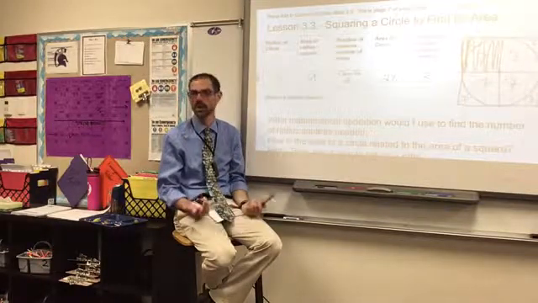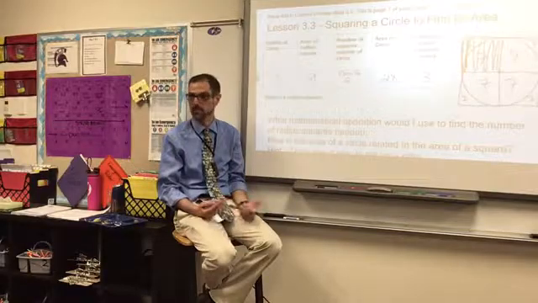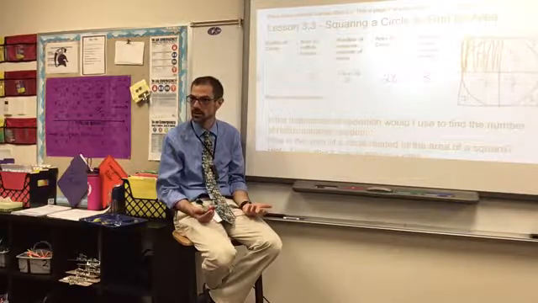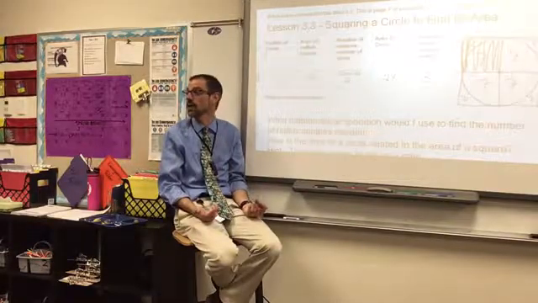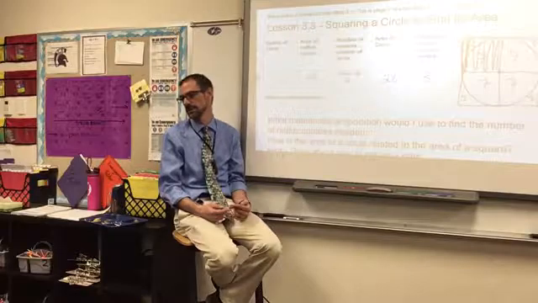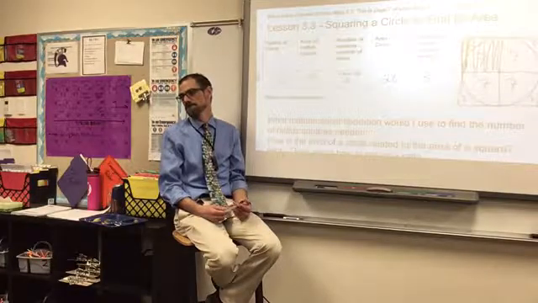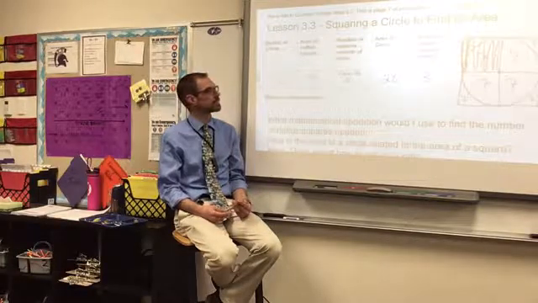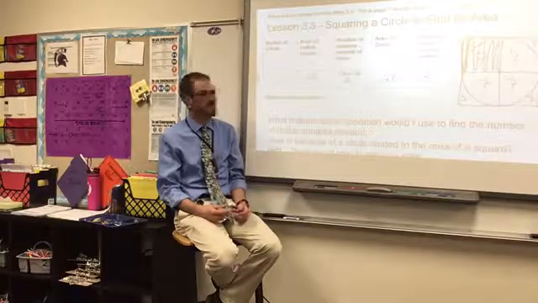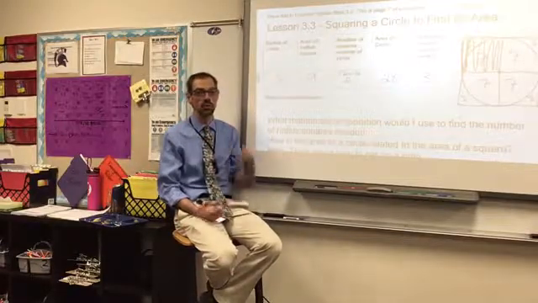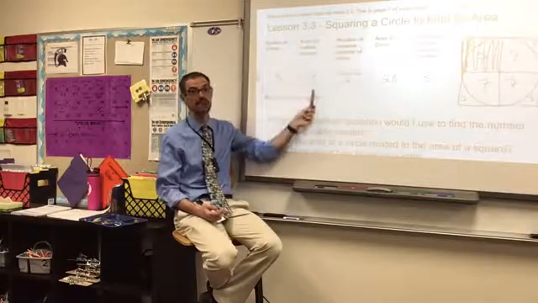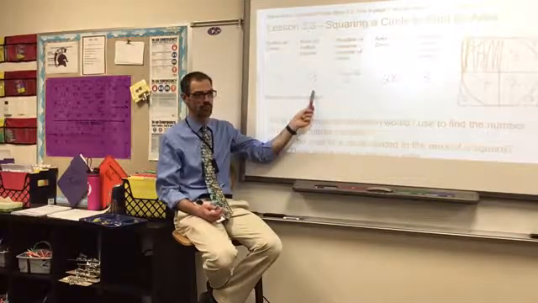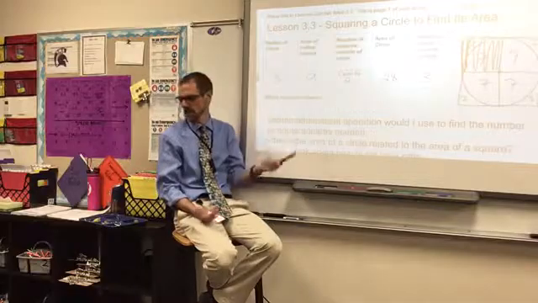Multiplication. Why multiplication? Because you need to multiply. Do you guys see what you do to find it? It's basically your radius times your area of your radius square. Do you guys see that?